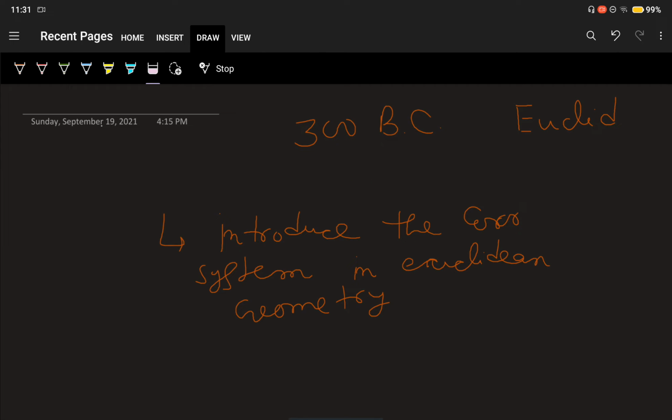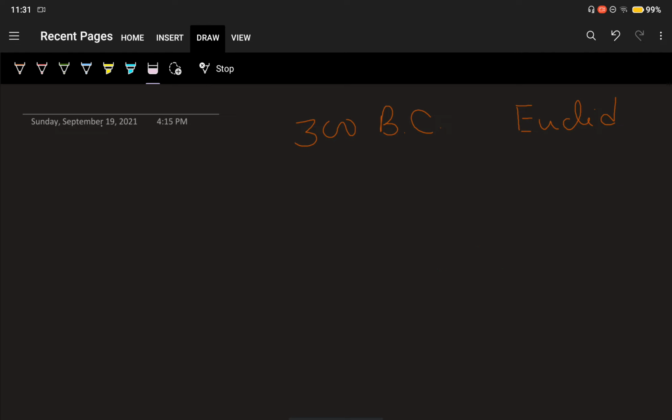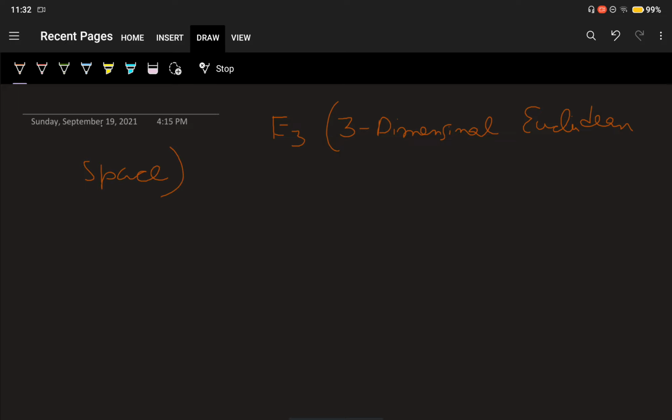In three-dimensional Euclidean space, the coordinate system is the three-dimensional Euclidean system E3. The coordinate system is x, y, and z.